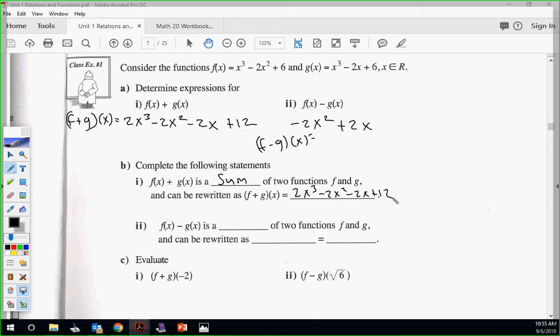And then for part 2, not a lot of space here, but difference is what they're looking for. And they do the notation here. That's an x there.